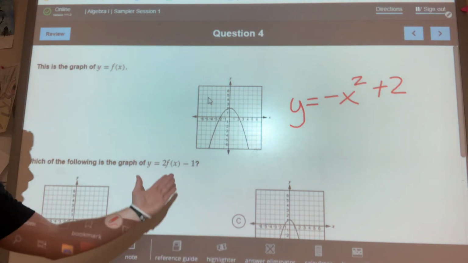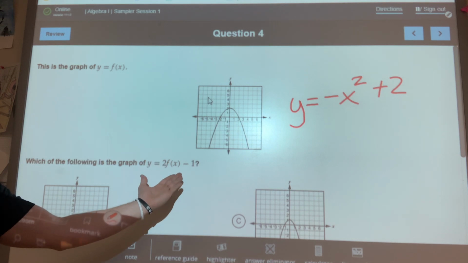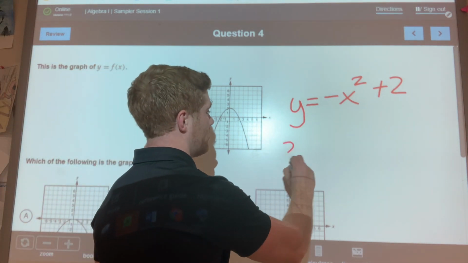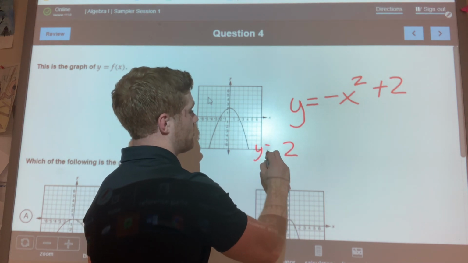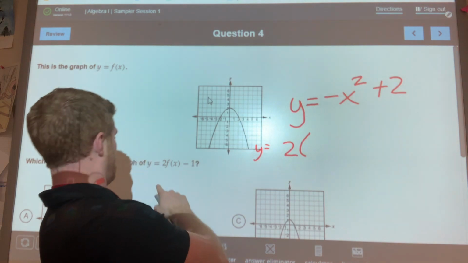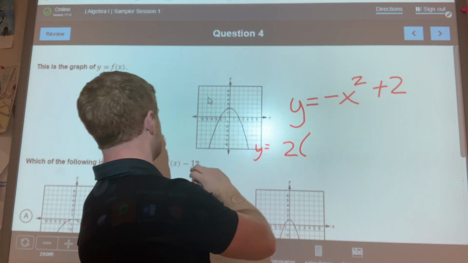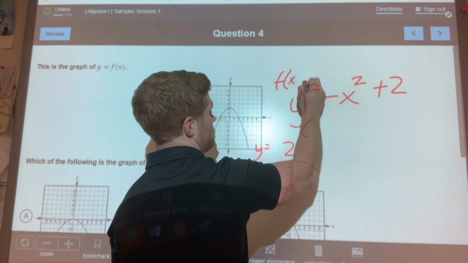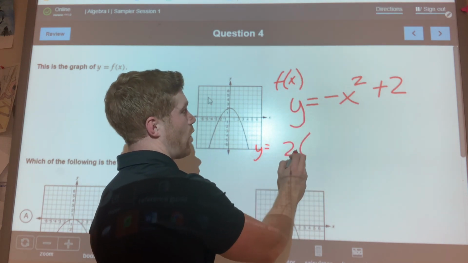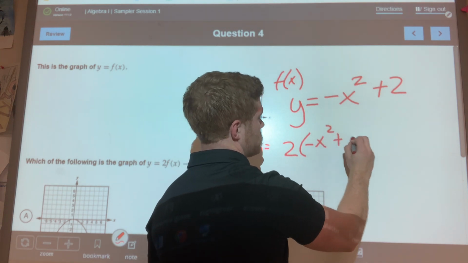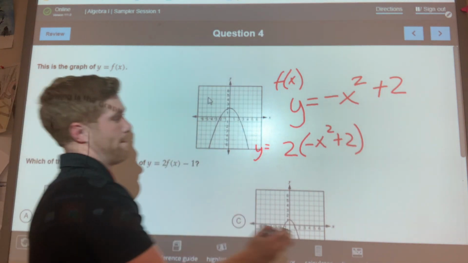Okay, then what happens to it is I double it. So I multiply this entire thing by 2. So now y equals, or our new function, you can also write f of x for this one. Our new function is twice as big as the other one. So 2 times negative x squared plus 2, minus 1.